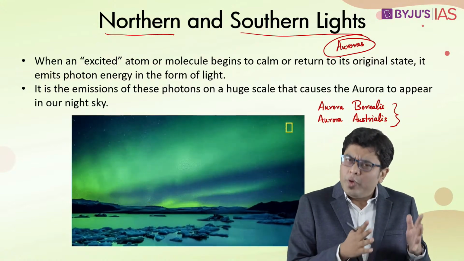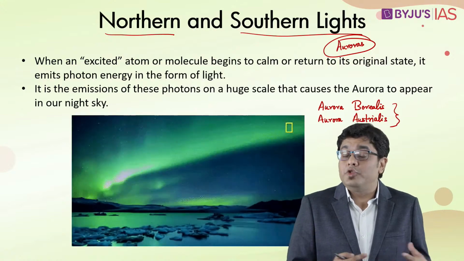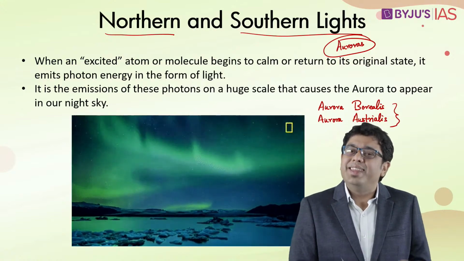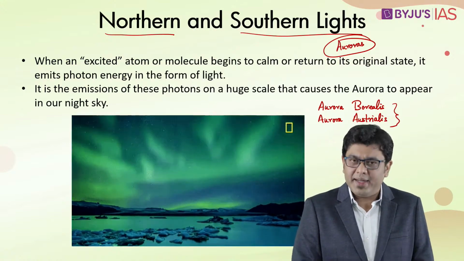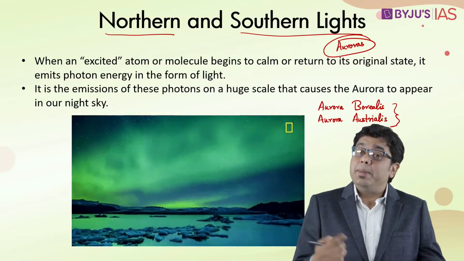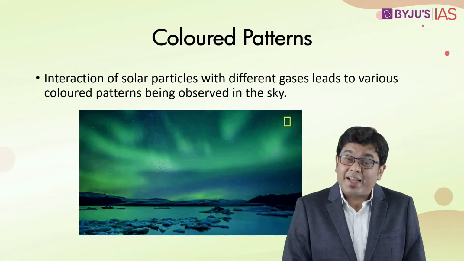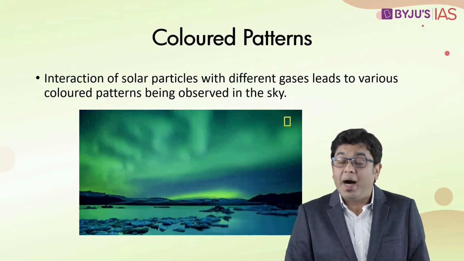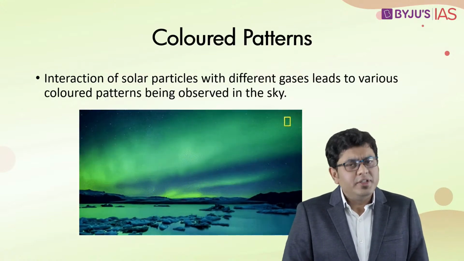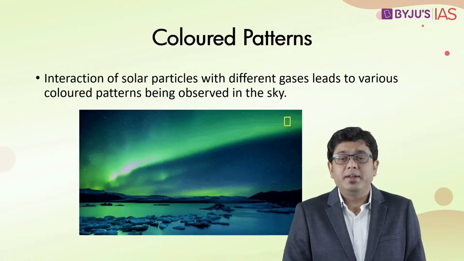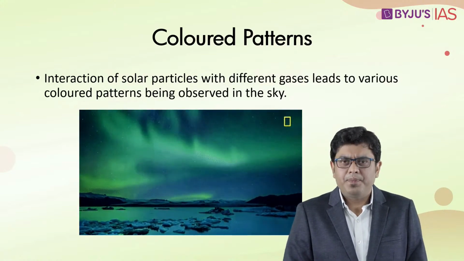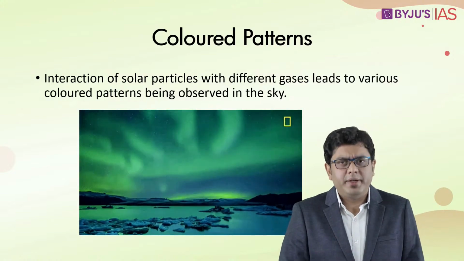As is the case with most of the phenomena in terms of geography and astronomy, there is an exact science behind it. Depending upon which particular molecule is actually hit by these charged particles, we have different coloration of light which is visible to us. Let me elaborate a bit.